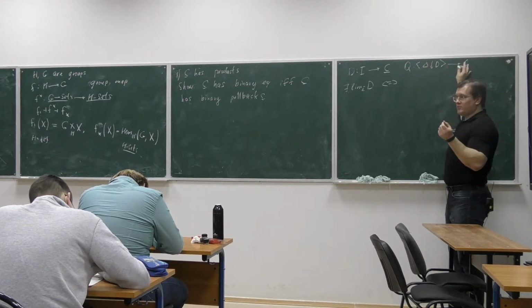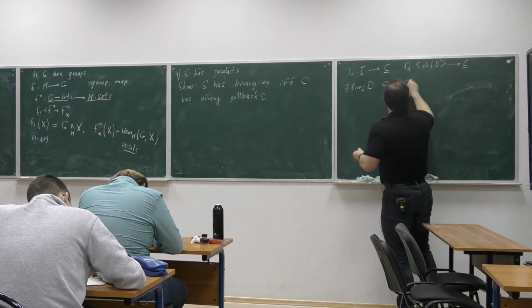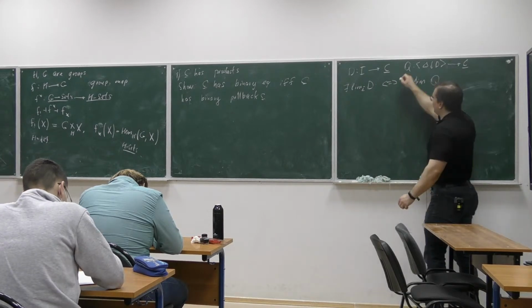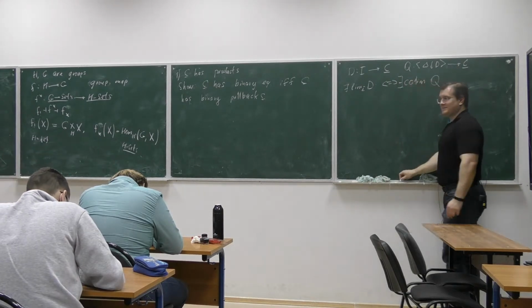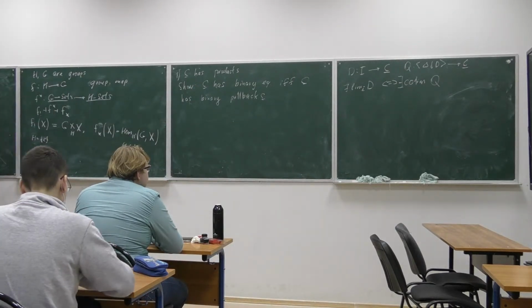Let's call this functor Q. Then there is a limit for this functor if and only if there is a co-limit for the projection functor. So if you think that the problems that we discussed are too easy, you can try to solve that one.